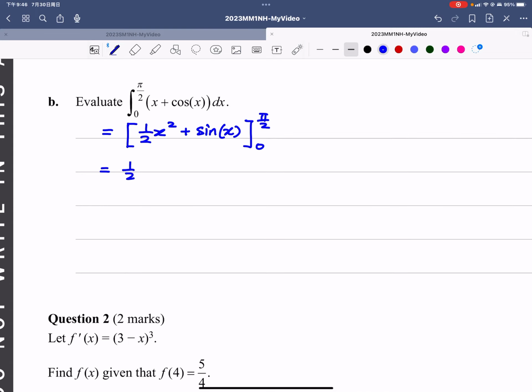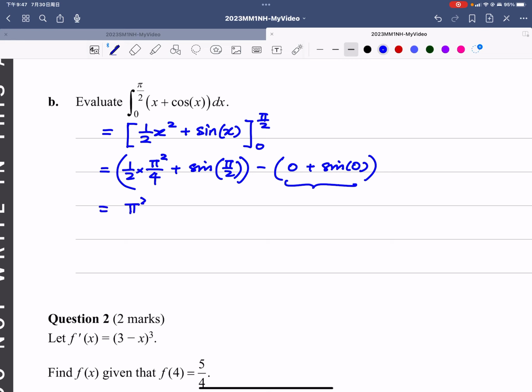Now it's half times pi squared over 4 plus sine of half pi for the upper bound, subtracting the lower bound, 0 plus sine 0. So this chunk will be 0. So basically I'm getting pi squared over 8 plus 1. Okay? Fairly easy. Let's have a look at the next.